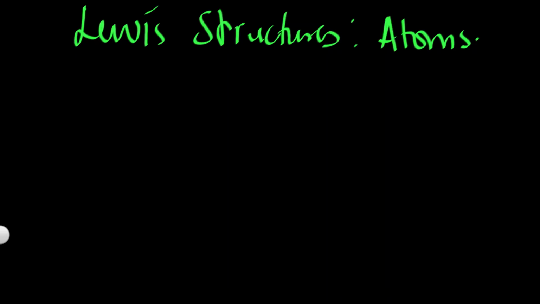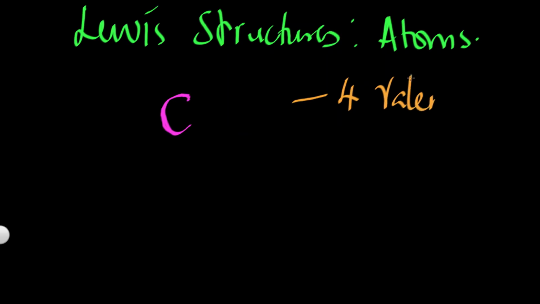If it is carbon, I will write a C for carbon, which is the chemical symbol of carbon. I write that first. Then I use dots or crosses to indicate the electrons. How many electrons are in the valence shell of carbon? It's 4. So this is carbon, with 4 valence electrons.